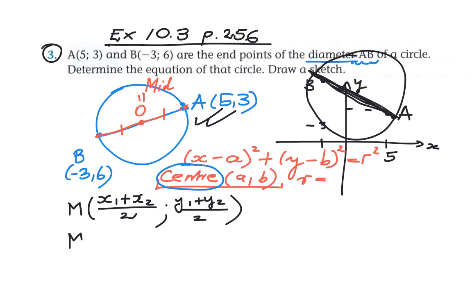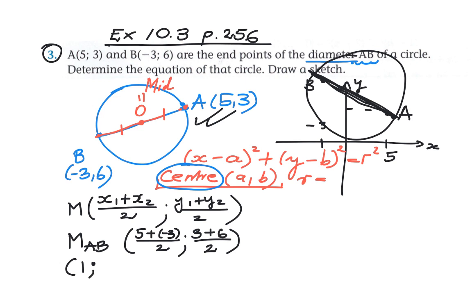So the midpoint of AB, which will be the center of our circle, will have the following coordinates. I have x coordinate of A plus x coordinate of B over 2, and then y coordinate of A plus y coordinate of B over 2. So my midpoint of AB is 2 over 2, so that's 1 for the x coordinate, and then we've got 9 over 2 as the y coordinate.